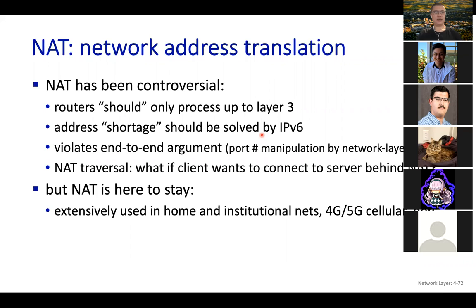So you can see NAT is here to stay, with extensive use in home and institutional nets, 4G and 5G cellular nets, because you will have some local networks and you need to translate, right? If you are sitting in a very public area, maybe this is not working, but anyway, I think this is the important procedure to understand, okay?